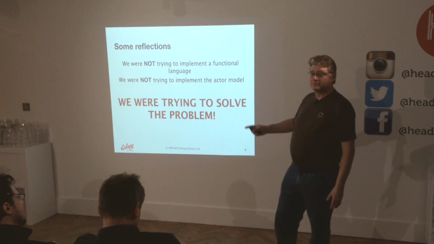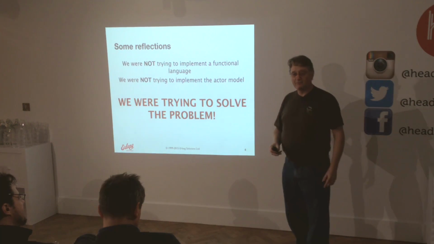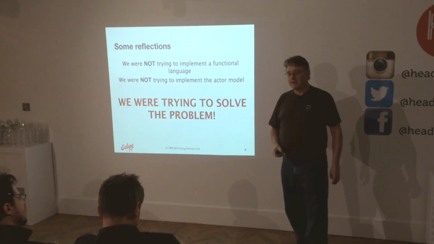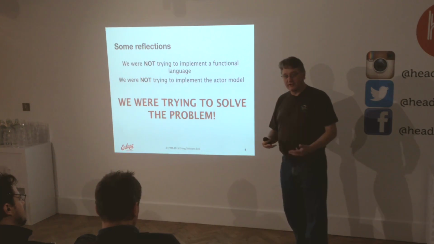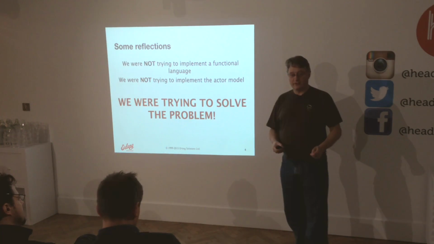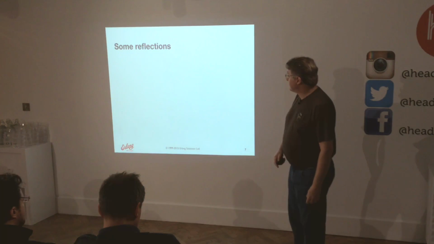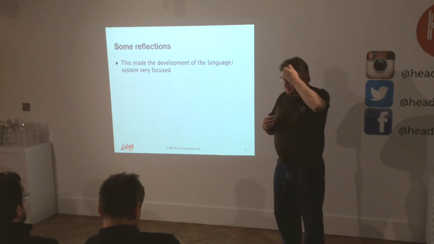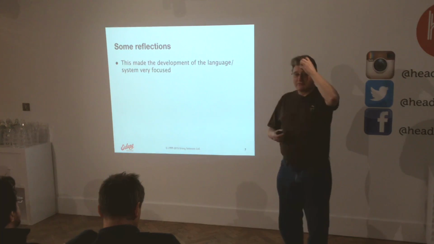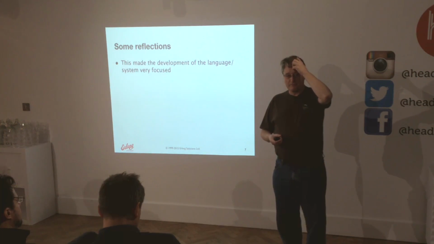We were trying to solve the problem. This was our goal, right? We had the problem. How do we solve the problem? In a sense, we didn't care about the actual details, just as long as the solution worked. There's some more things here that made the development of the language and the system very focused.